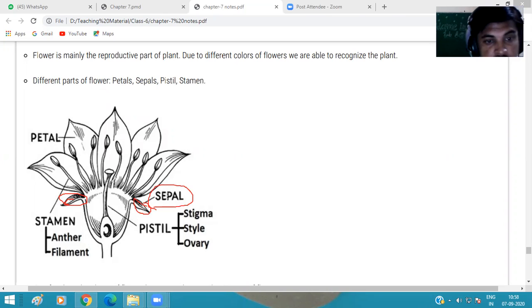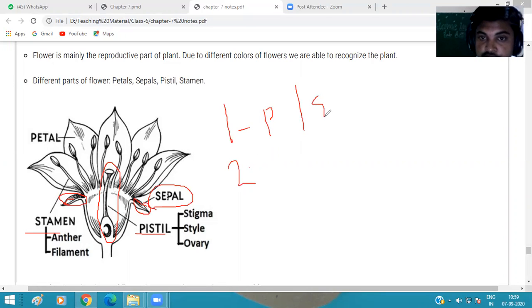And when we talk about the reproductive part of the flower, on the basis of the sexual part, flowers are of two types. If a flower has only the pistil or only the stamen, this type of flower we call a unisexual flower.